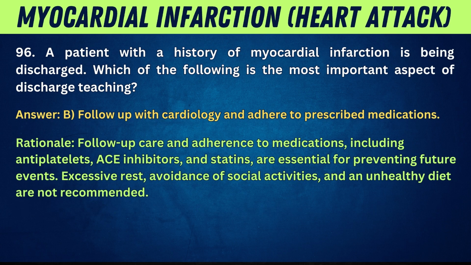Answer: B. Follow up with cardiology and adhere to prescribed medications. Rationale: Follow-up care and adherence to medications, including antiplatelets, ACE inhibitors, and statins, are essential for preventing future events. Excessive rest, avoidance of social activities, and an unhealthy diet are not recommended.